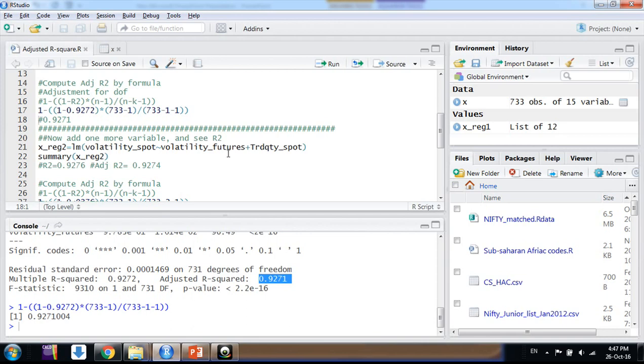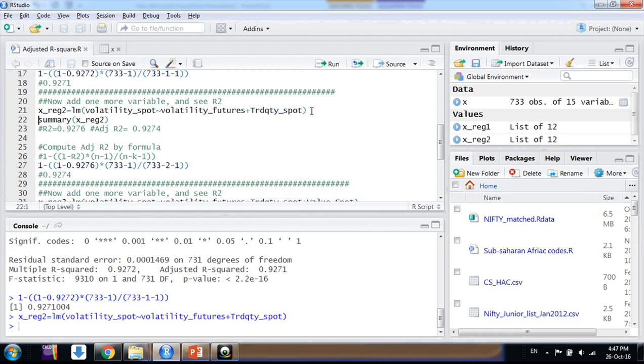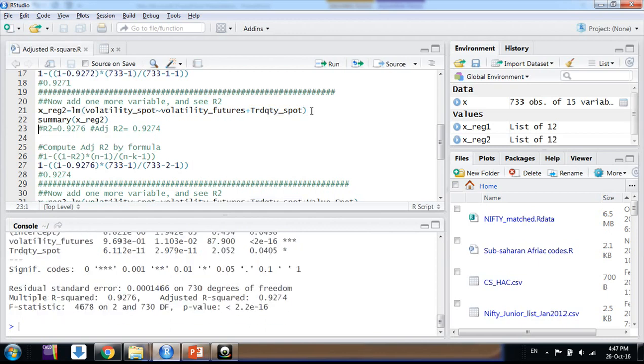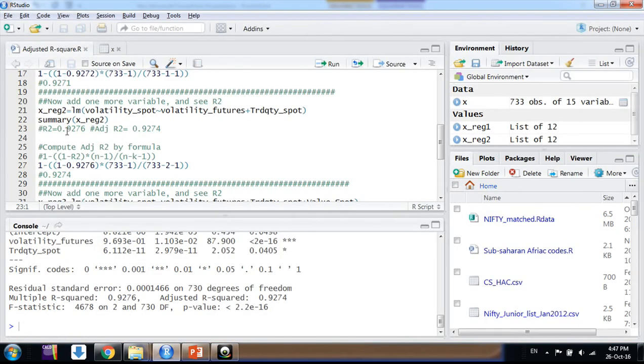Suppose I make another regression, regression 2, where I include one more variable, trade quantity of the spot market, and then look at the summary. Now my n is the same, and the new R square is 0.9276, slightly higher compared to the earlier 0.9272.